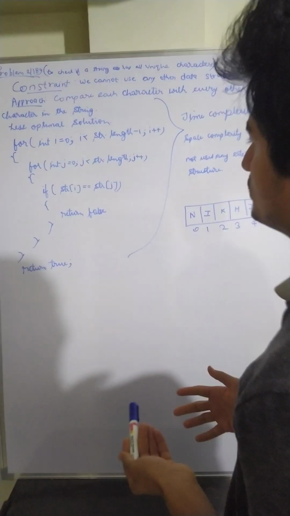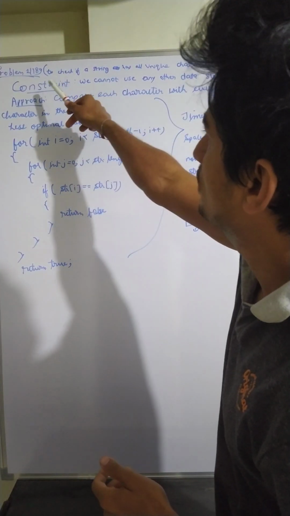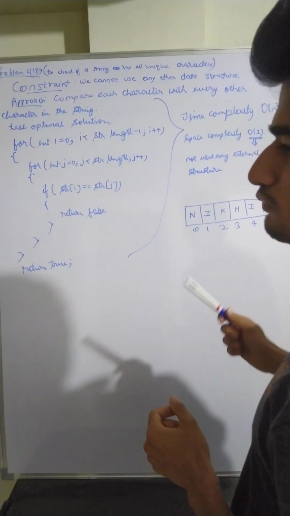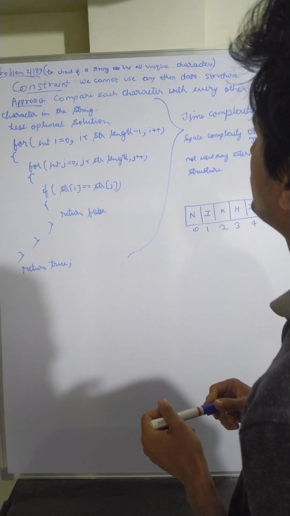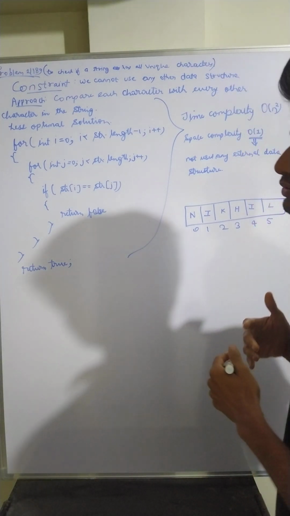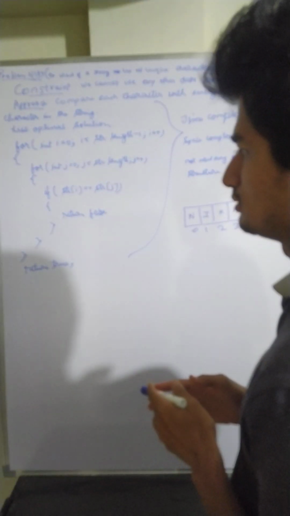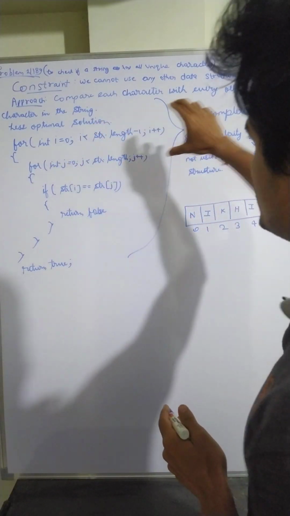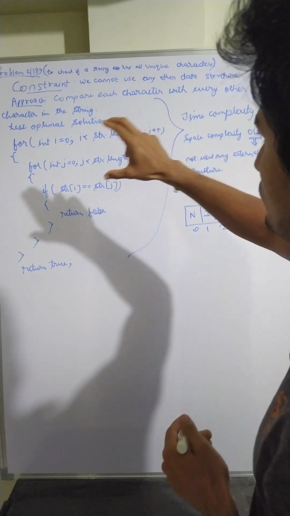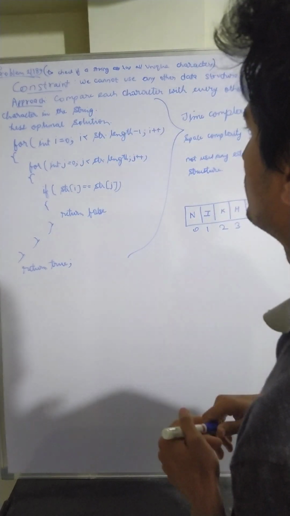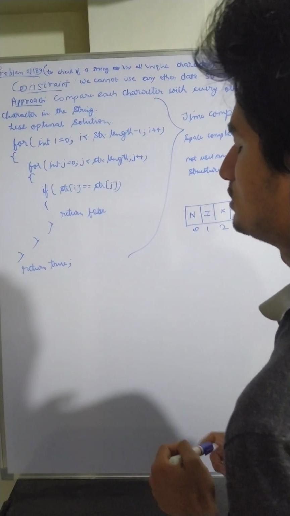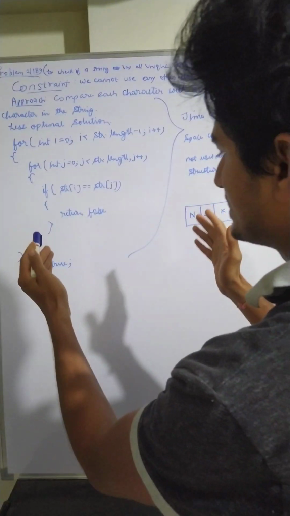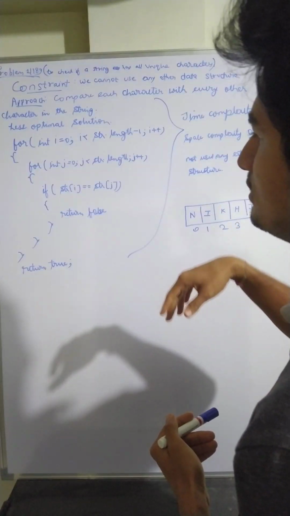In the first video, when we discussed the same problem, we used an external data structure, which was a Boolean array, wherein we stored the information, for every character of the input string, whether that character had existed earlier in the string or not.